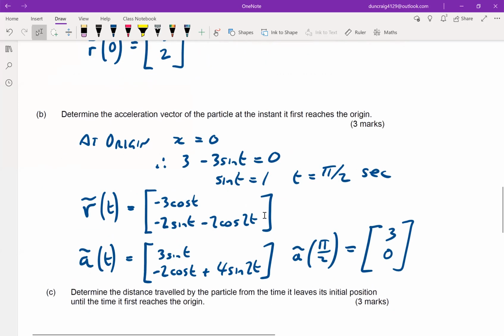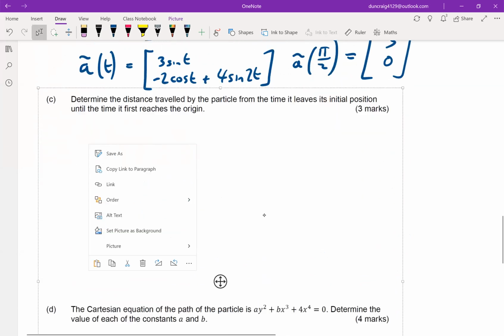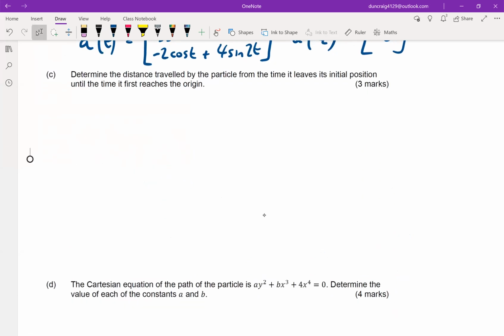What I did back here was we figured out it was pi over 2. I differentiated the position to get that vector. I then did the acceleration and substituted in the value there. Apologies about that. Now we want to figure out what is the distance traveled from when it leaves its initial position. Let's check I'm on the right share screen here. Yep, I'm on this one, so that's good.